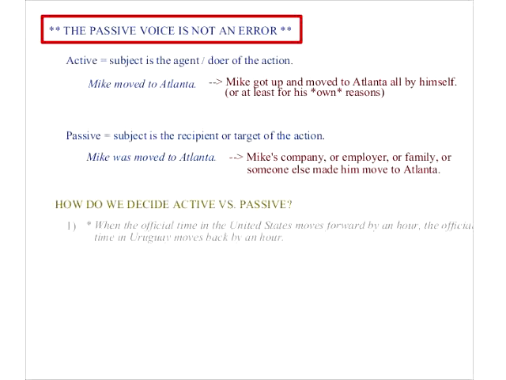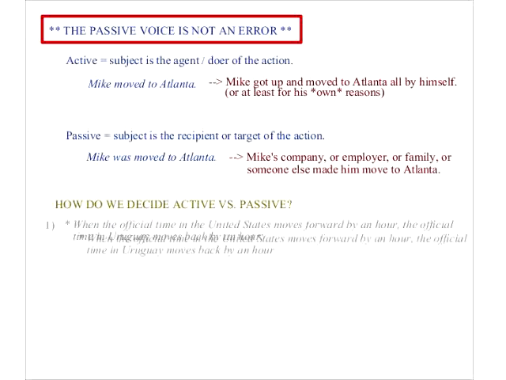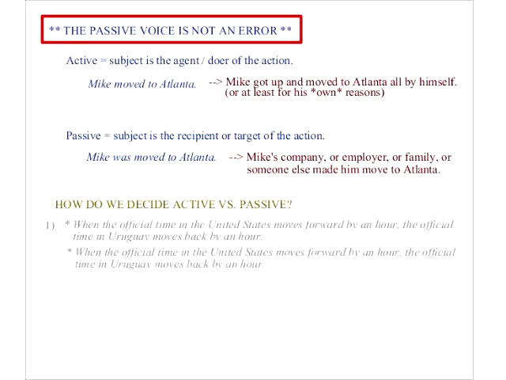All right, and let me move that so it's visible on the screen. And then the other version of this will be: When the official time in the U.S. is moved forward by an hour, the official time in Uruguay is moved back by an hour.